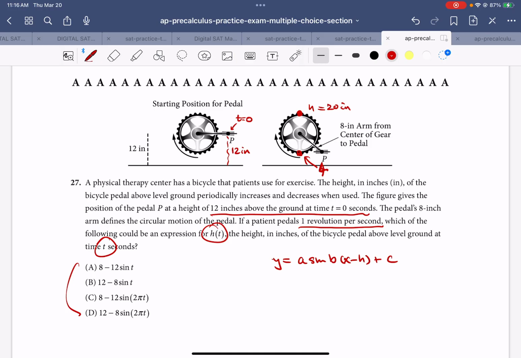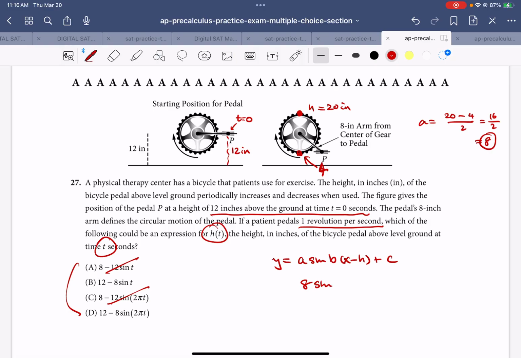The amplitude should be 8, right? You can say amplitude is maximum minus minimum divided by 2, which is 16 over 2, which is 8. So I know it should be 8 something, so not this one, not this one. So 8 sine.